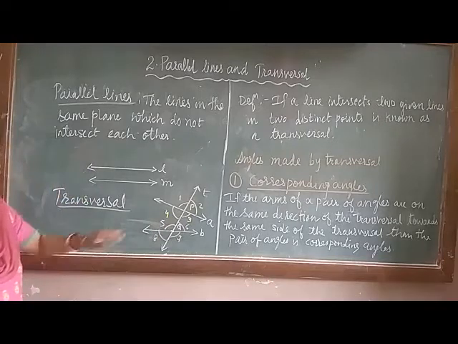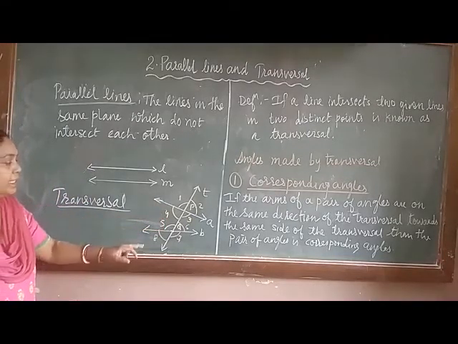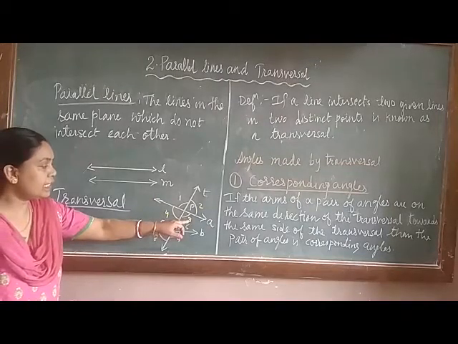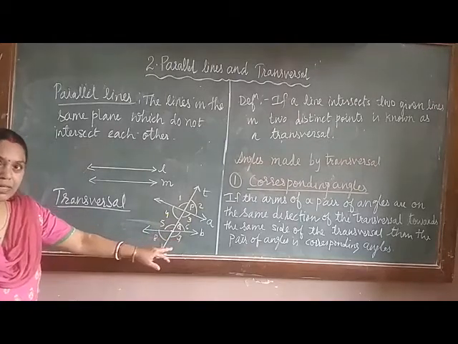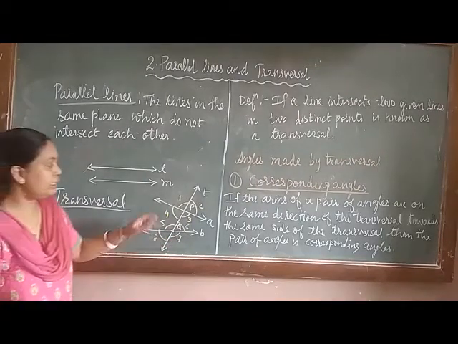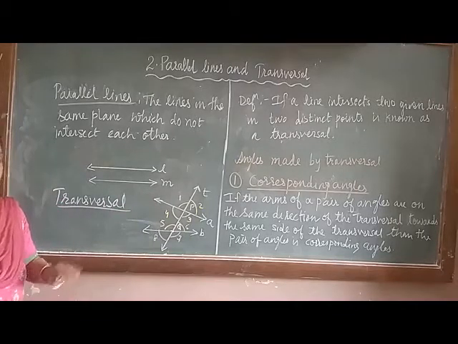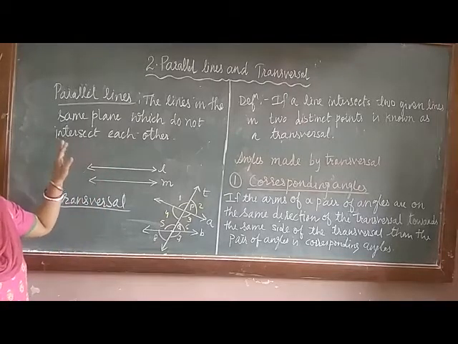If I consider angle 4, what will be the corresponding angle? Angle 8. If we consider angle 3, what will be the corresponding angle? Angle 7. So this makes 4 pairs of corresponding angles.